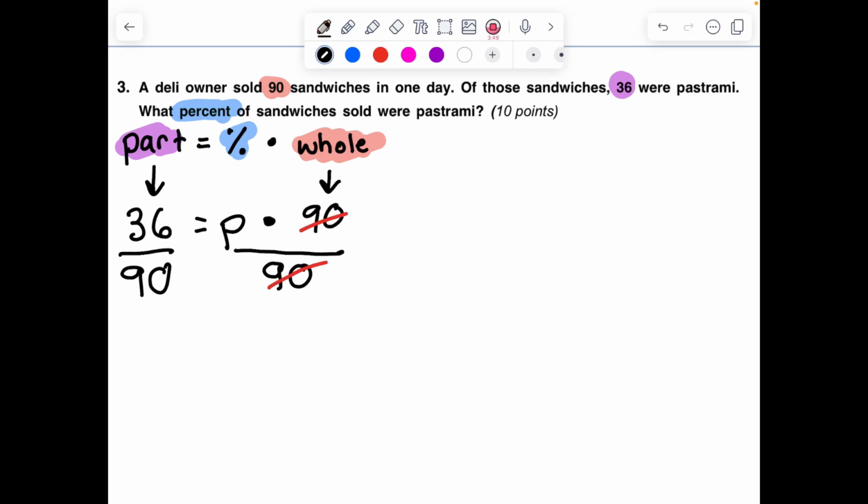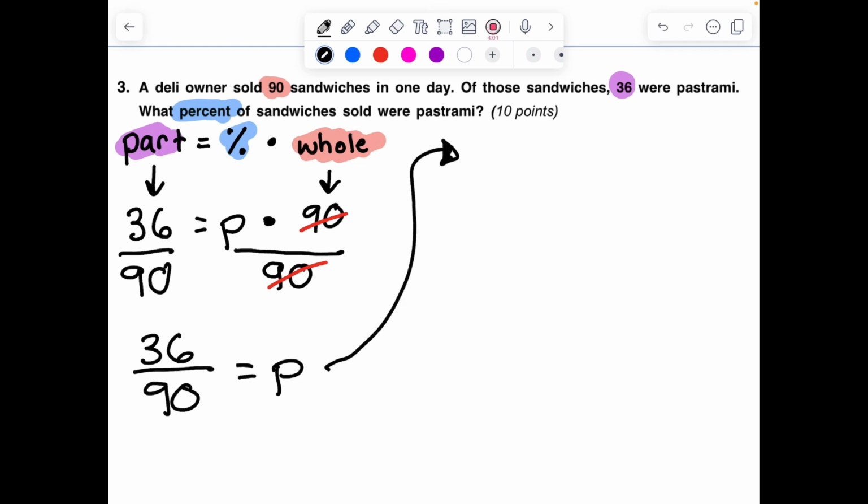And now we have p isolated, people. So 36 over 90 equals p. Awesome. Now we're able to solve for p, right? P's isolated, it's on its own side all by itself. So we have 36 over 90 equals p.